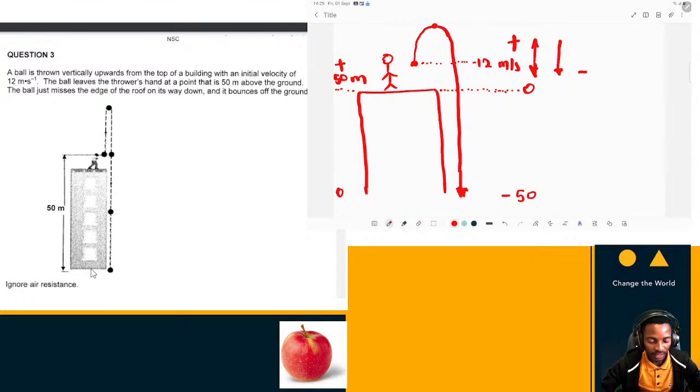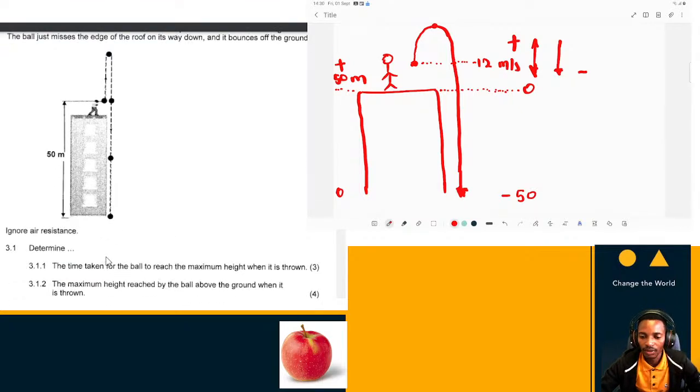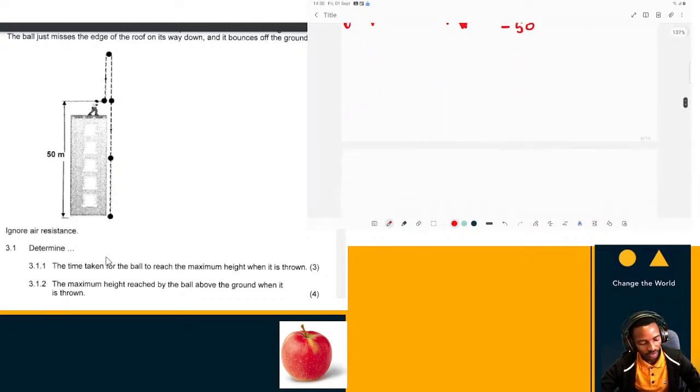All right, so let's attempt the questions now. So 3.1, we need to determine the time taken for the ball to reach maximum height when it is thrown. So let's collect data. So we know the final velocity at maximum height will be 0.